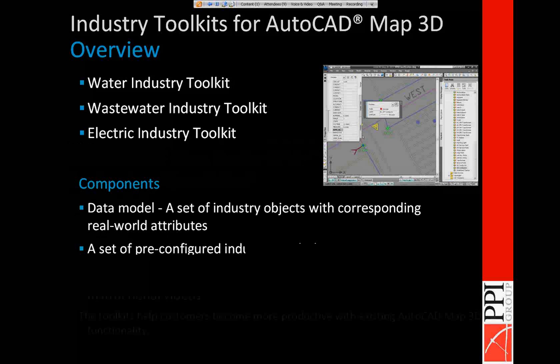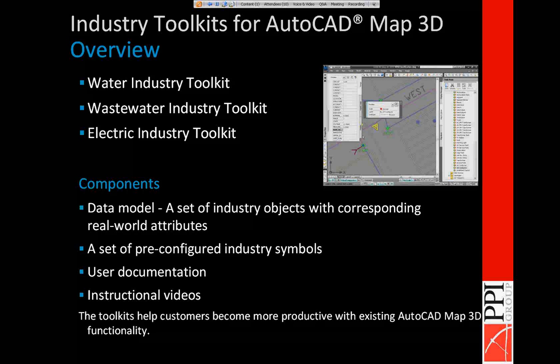There's also a set of symbols that are predefined and come in the form of a drawing template. So be aware of that when working with these toolkits, that the drawing template is an integral piece because it has all the block and line work that these object classifications will be calling for. There's also a pretty good set of user documentation and instructional videos.